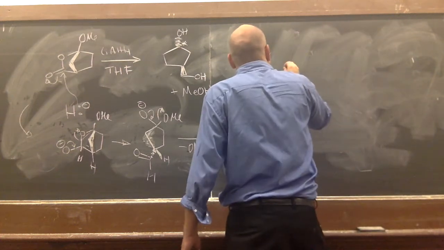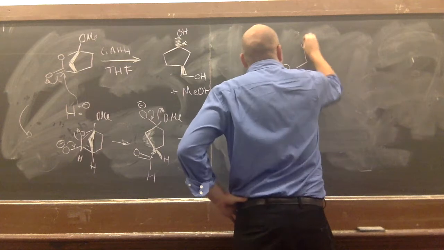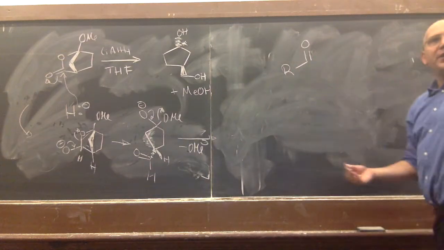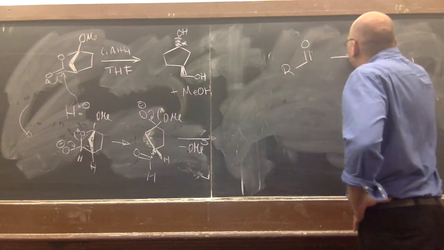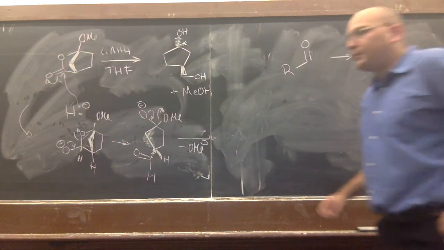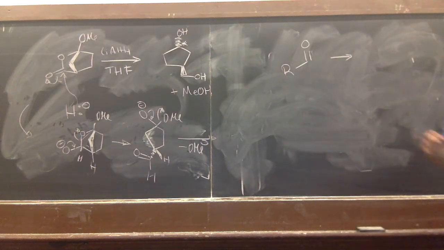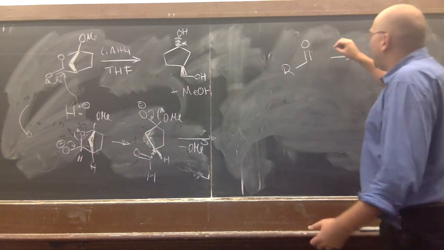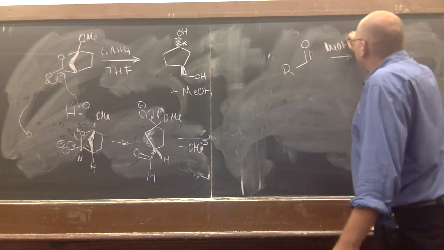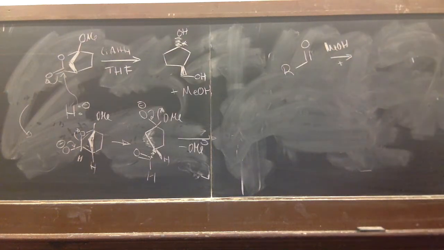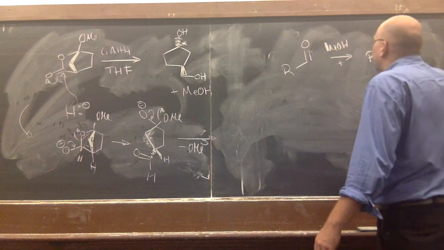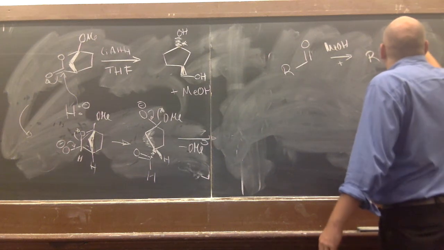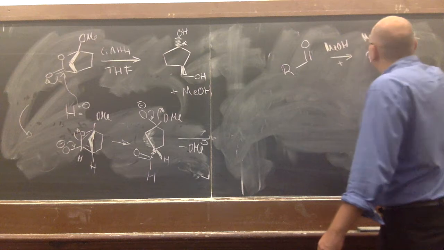In general, what we see, and I sort of mentioned this a while ago, is that if you have an aldehyde or a carbonyl or something of this nature, and you treat it with, again, methanol and an acid, the product of this reaction ultimately is going to be that.